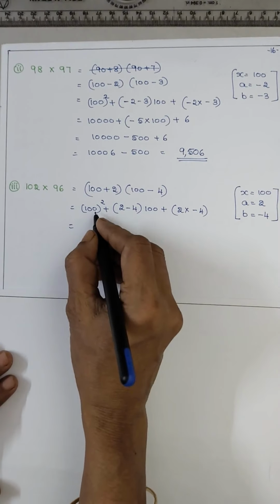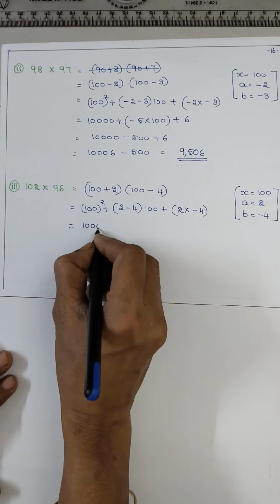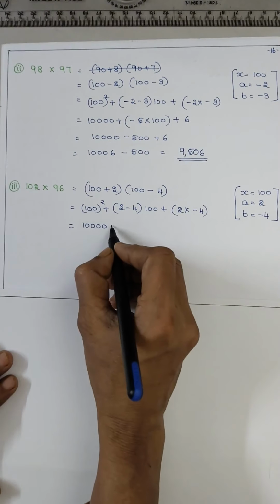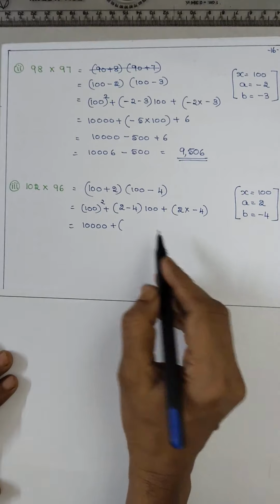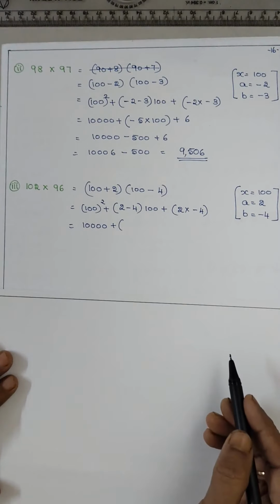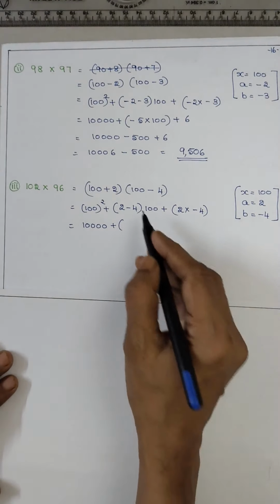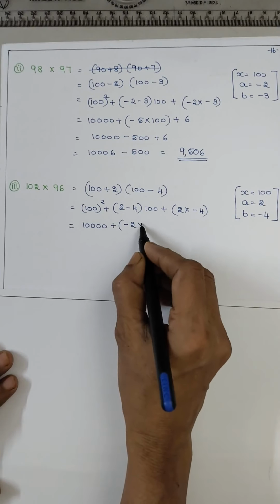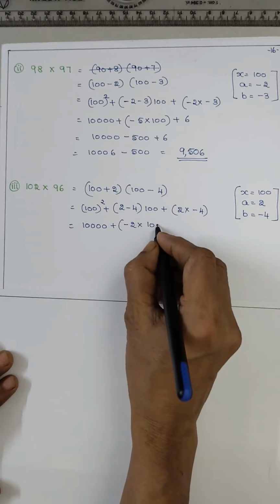Now 100 square is 10,000, that is 4 zeros. Now plus bracket open 2 minus 4, different sign, subtract, bigger number minus 4 minus 2, 2 into 100.